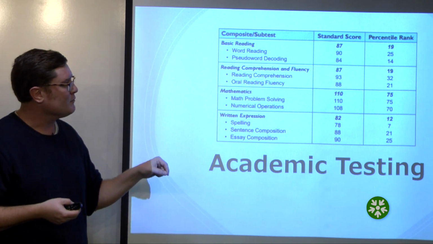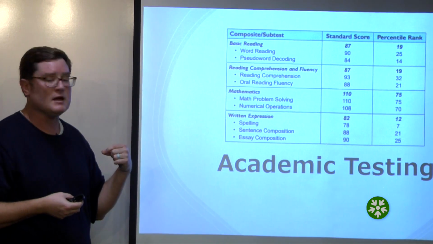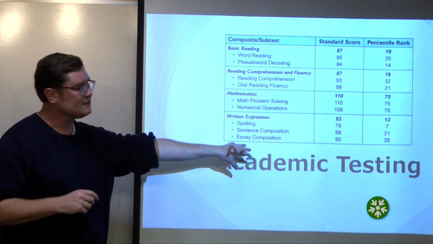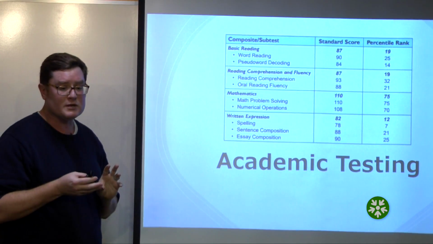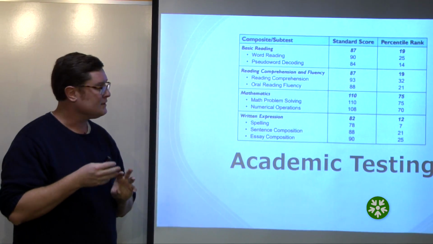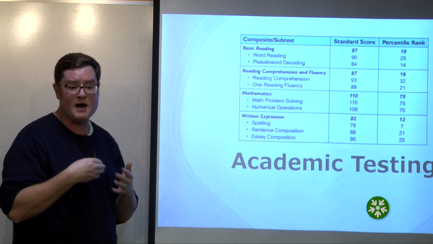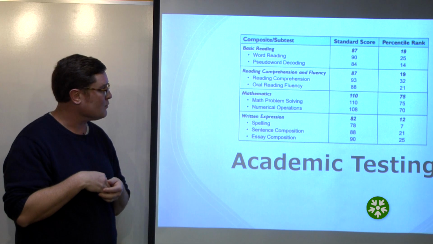So, we talked a bit about the IQ scores, and a lot of times we're comparing those IQ scores to how they're doing academically on this test. As a general rule, if a child is 2 standard deviations or 1.5 standard deviations behind their IQ score, they could qualify for a learning disorder.